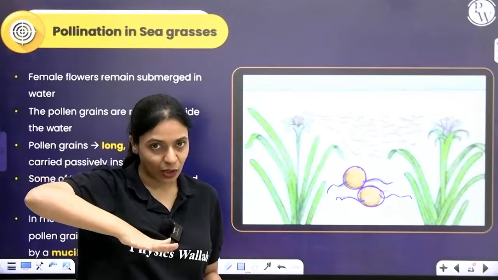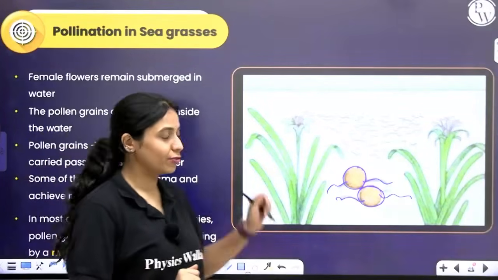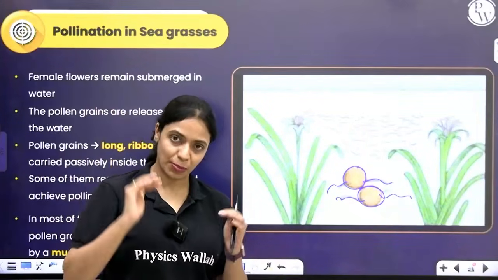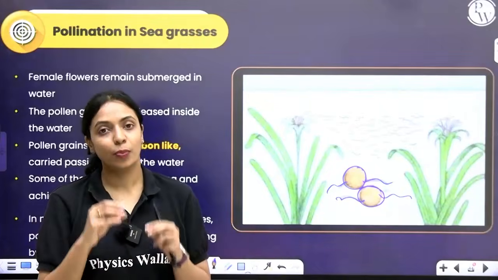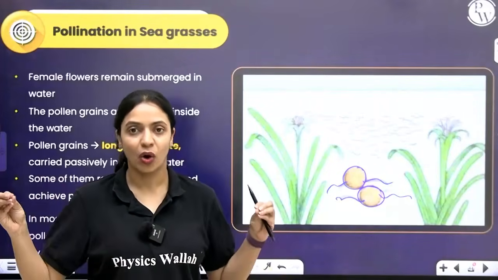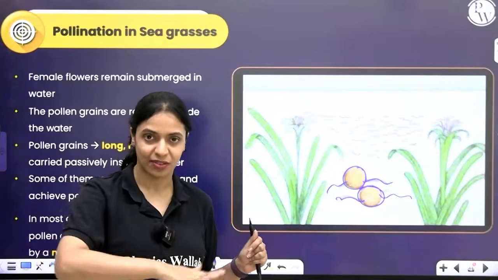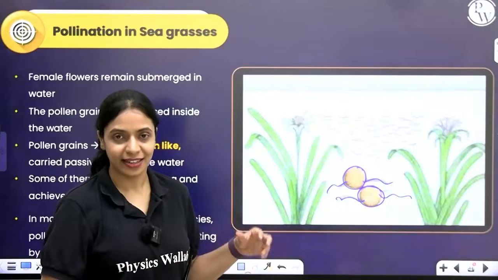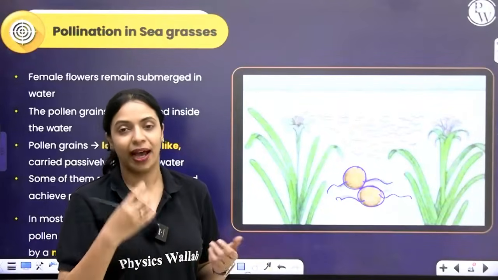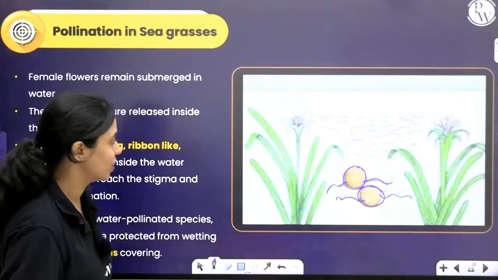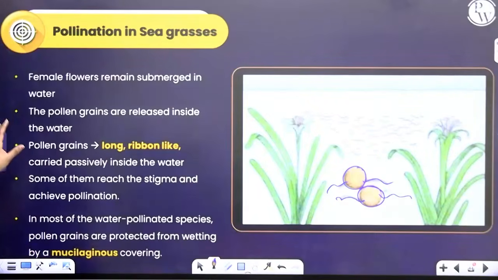They will be present within the water itself. Even the female flower will not reach the surface, it will be present within the water itself. The pollen grains, because of having a long ribbon-like shape, can float passively within the water and reach the female flower and bring about pollination and eventually fertilization. So female flowers will remain submerged.